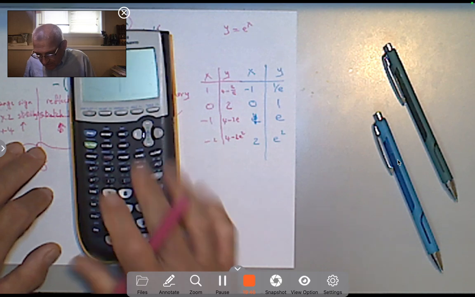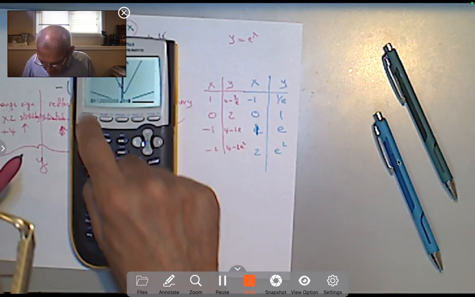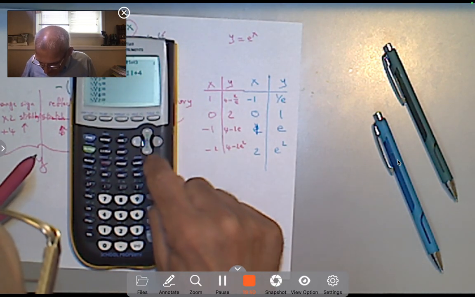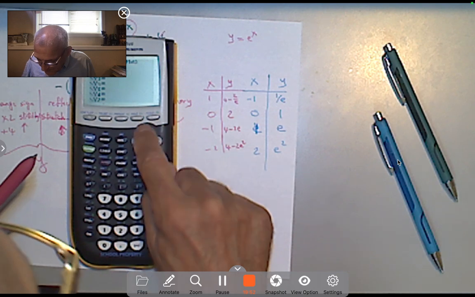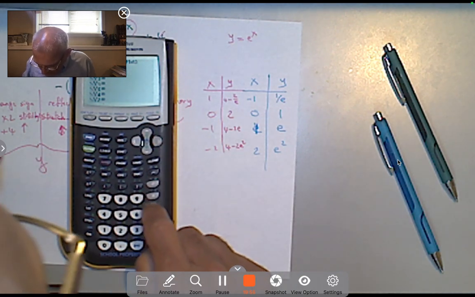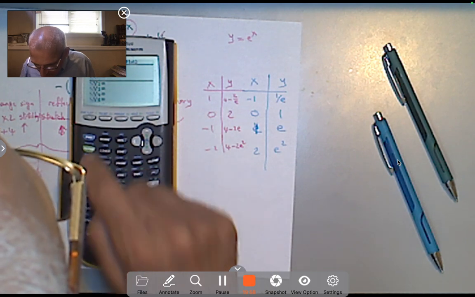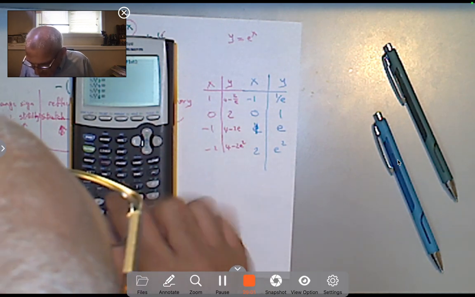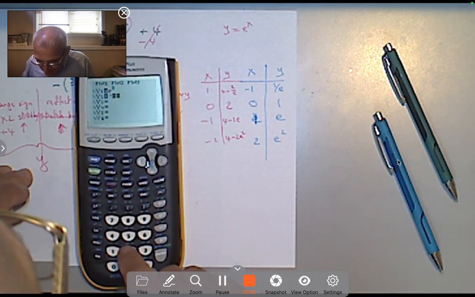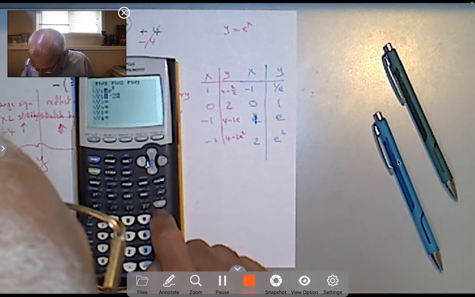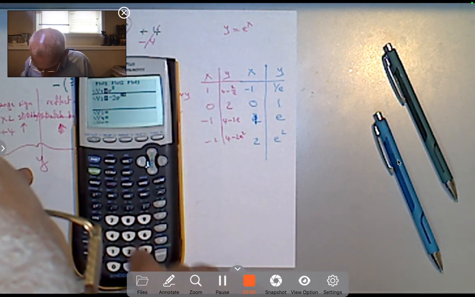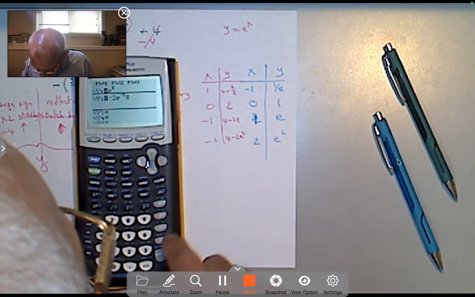Okay, let's look. Hopefully, let's clear those. The first equation is e to the x. The second equation, we said it's negative 2 e to the negative x plus 4.